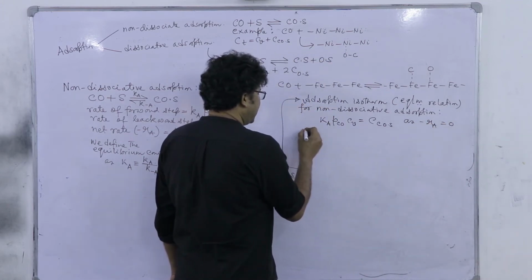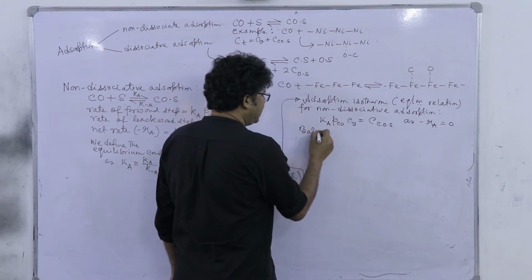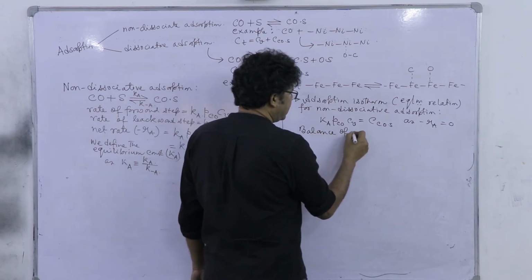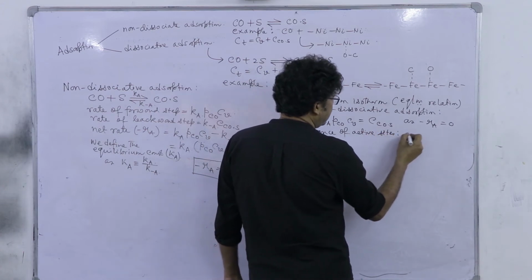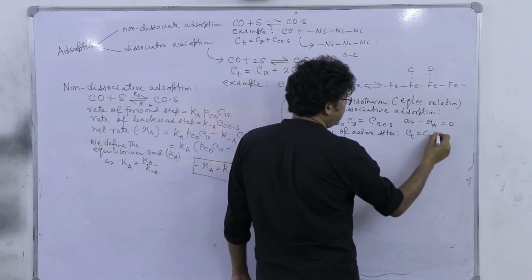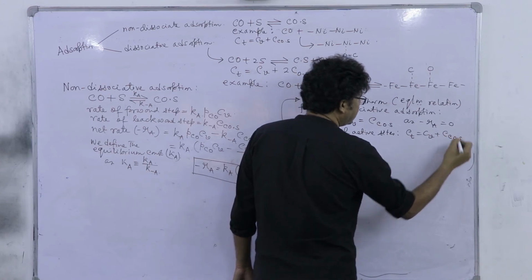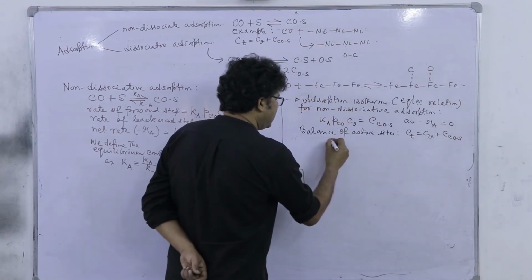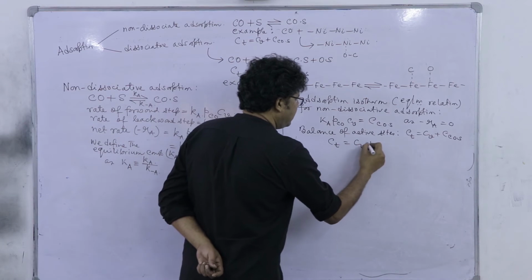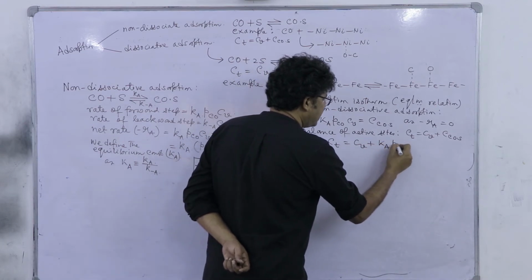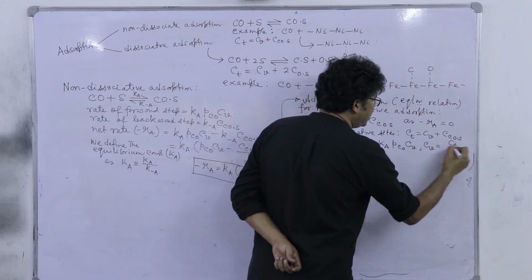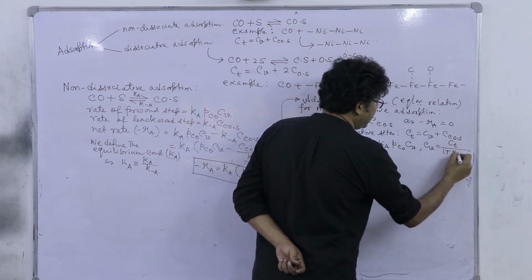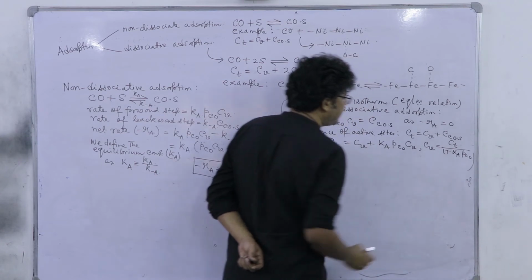Now, the site balance of active sites: Ct is equal to Cv plus CCO dot S. So, you see that Ct will be equal to Cv plus Ka PCO into Cv. So, Cv is equal to Ct divided by 1 plus Ka into PCO.